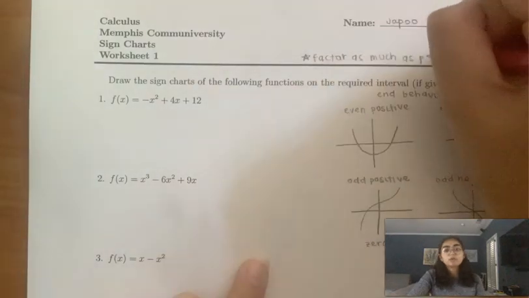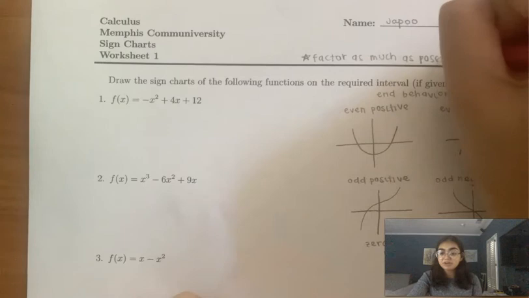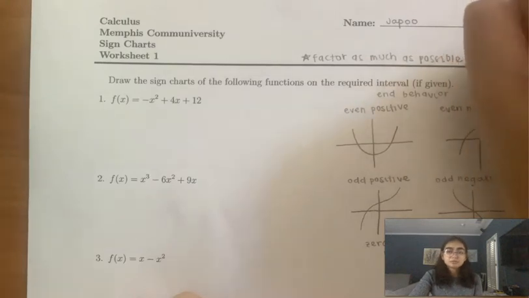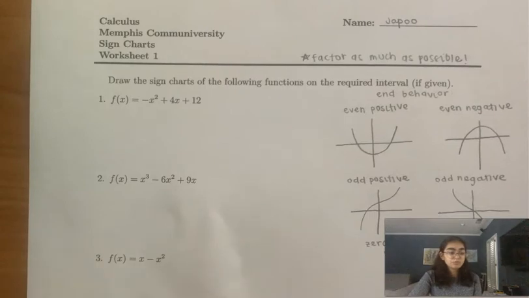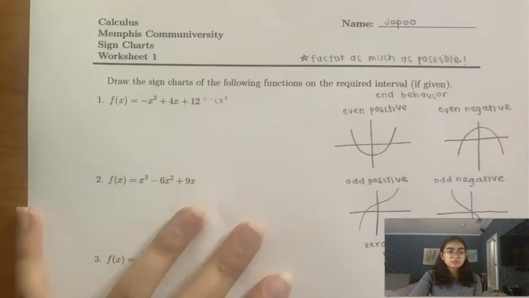Problem 1. Again, factor as much as possible. That's very important. It'll make your life so much easier. So for number 1, when we factor, first you want to take out the negative, because it's easier to factor when your first exponent term is positive.